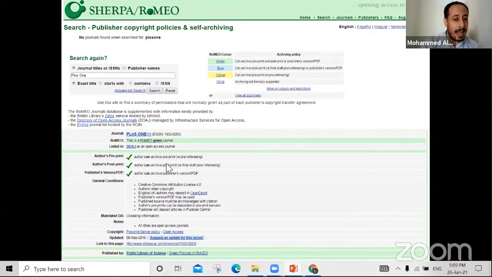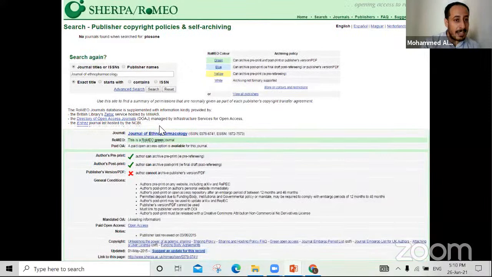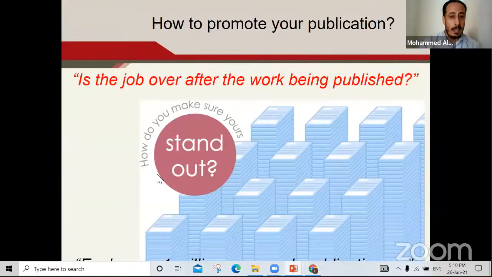So you can archive the preprint, the postprint, or the final published article. But another journal, this journal is Ethnopharmacology, it's under Elsevier, it's subscribed. So you can only archive in your ResearchGate the preprint and postprint. You cannot post your published article because you don't have the copyright.